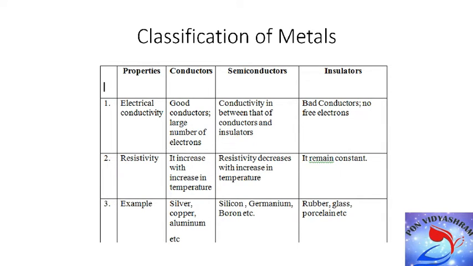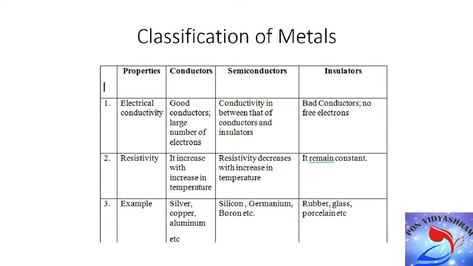The next one is an important thing, that is how the metals have been classified. Here I have listed the properties like conductivity and resistivity based upon the classification of metals into conductors, semiconductors and insulators. For conductors, the electrical conductivity is very good, that is, they have a large number of free electrons, but insulators do not have any free electrons.